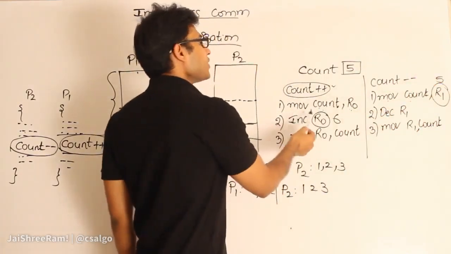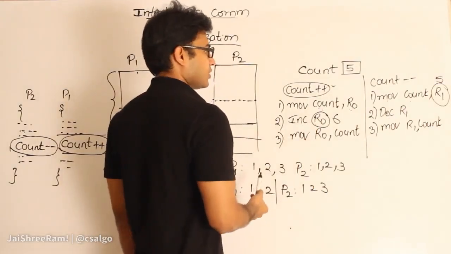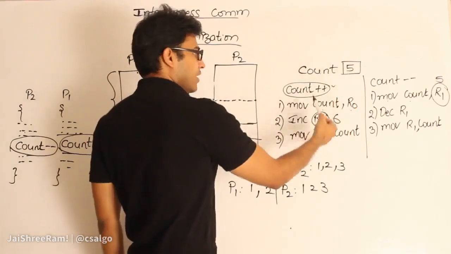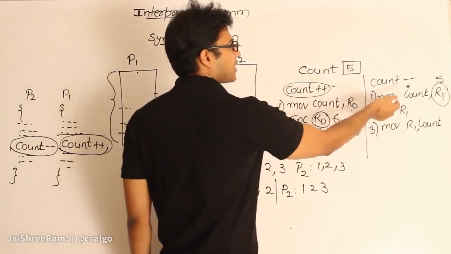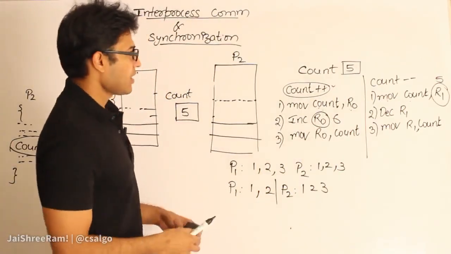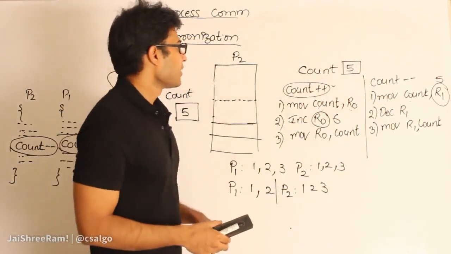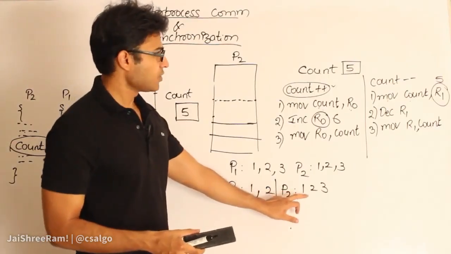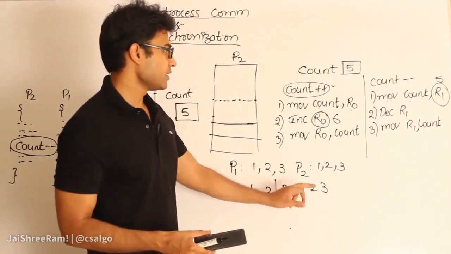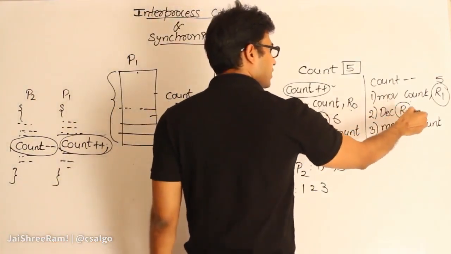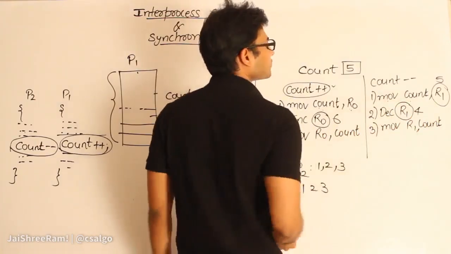Even though we have incremented the value of count, we are not able to reflect it there, and in the meanwhile some other process came and read the value, which is wrong, which is inconsistent, right? Now count minus minus means first we are going to read 5 into R1, then decrement: the second line is decrement R1, so R1 will be 4, isn't it?